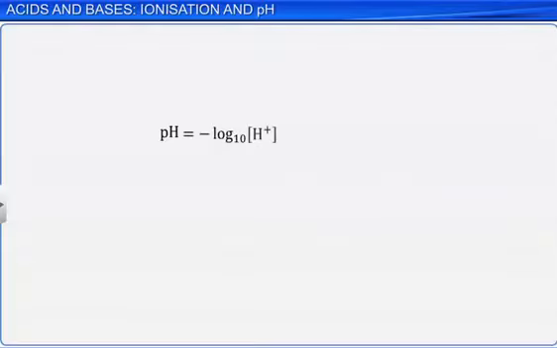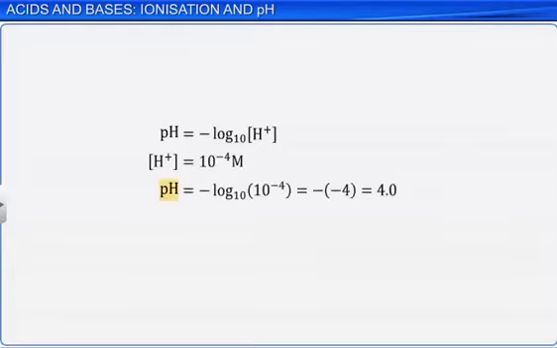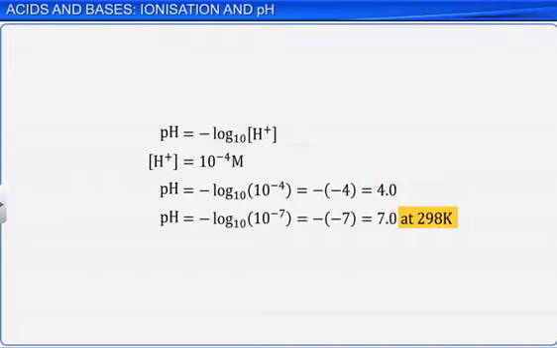Thus, the pH of a solution containing a hydrogen ion concentration of 10^-4 molar will be equal to 4. You have seen that at 298 Kelvin, the concentration of hydrogen ions in pure water is equal to 10^-7 moles per liter. Thus, the pH of pure water is 7.